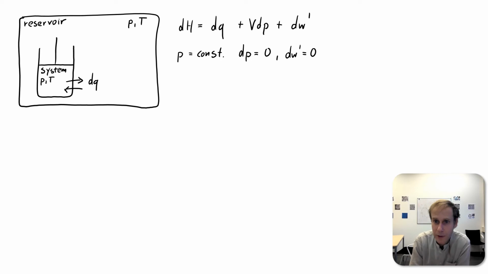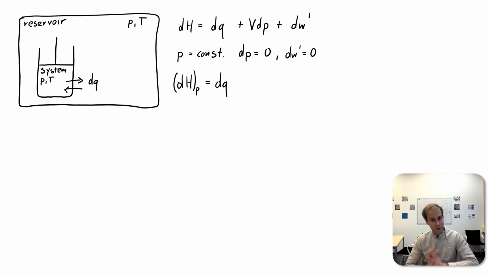And let's additionally assume that there's no non-volume work performed by the system. Okay, and under these circumstances, we can say that the enthalpy change of the system at constant pressure and no non-volume work simply corresponds to the amount of heat that crosses the system's boundary. So you can just say that dQ will be dH here, right? Based on the definition of the entropy, dS, we can now rewrite dQ as T times dS, right?